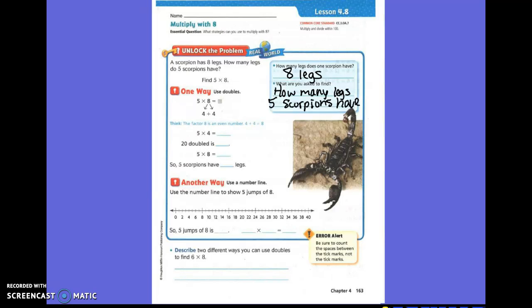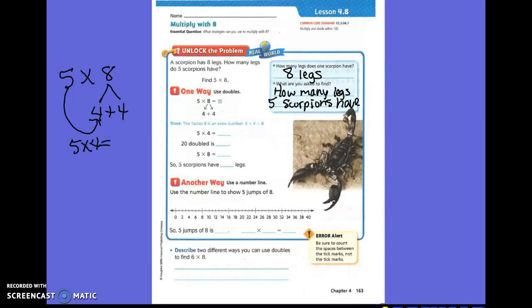One way to find this answer is to do 5 times 8. Instead of doing 5 times 8, they are splitting the 8 into 2 4s, 4 plus 4. So then you have to do 5 times 4 two times.